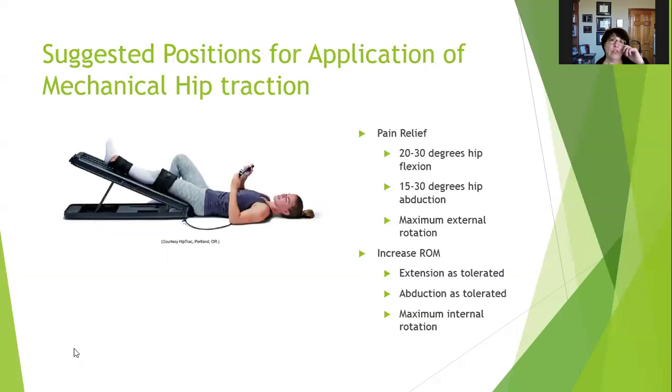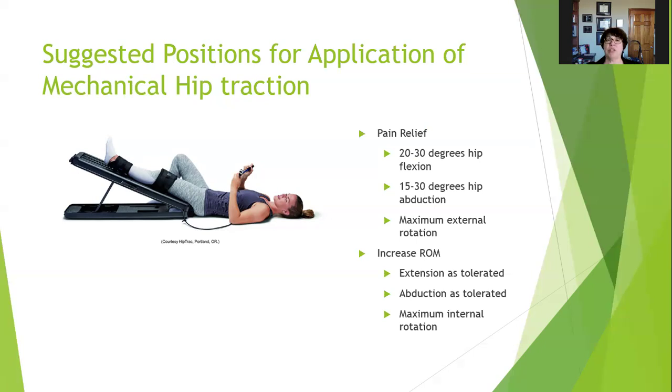So you can also do traction for hip, for pain relief, in about 20 to 30 degrees of hip flexion, and 15 to 30 degrees of hip abduction and maximal external rotation, just to mobilize that hip. You can also do manual hip mobilization, which is probably more common.